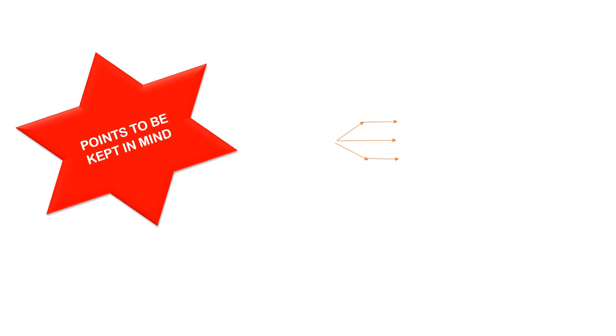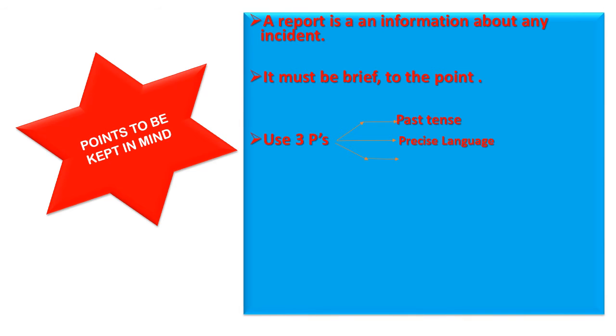These points have to be kept in mind, and they are very important. A report is information about an incident. It must be brief and to the point. You should remember the use of 3 P's. Which are the 3 P's? It should be in past tense, precise language, and passive voice.